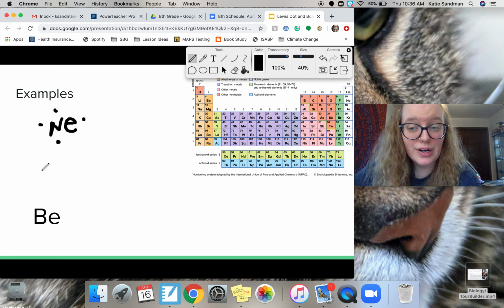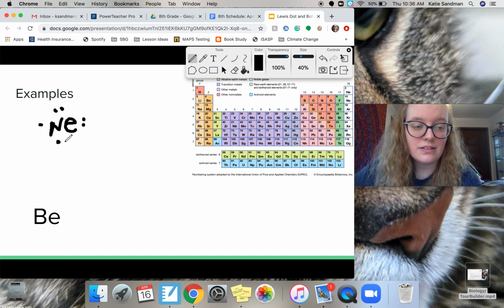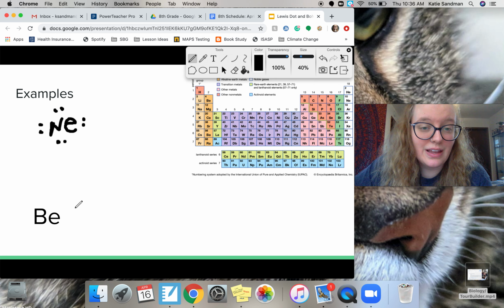So there's 4. And then you're going to draw any other ones, like if you have 5, 6, 7, 8, you're going to draw it just right next to that other one. So you don't need to space them all out, just draw them right next to it. So 5, 6, 7, 8. So going back to beryllium now, it only has 2, so I have 1, 2.